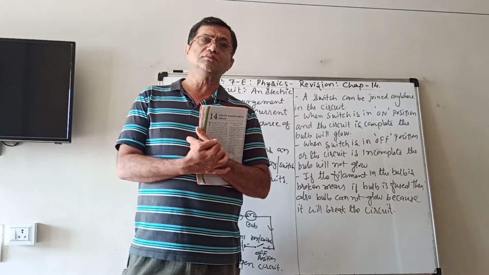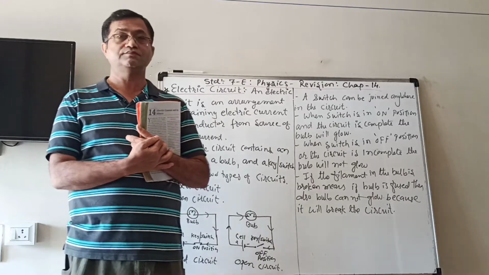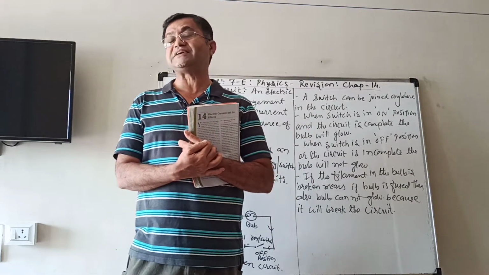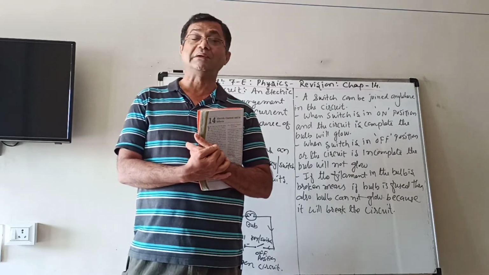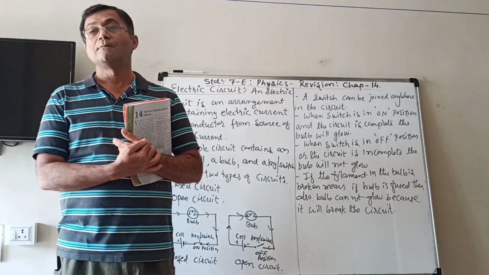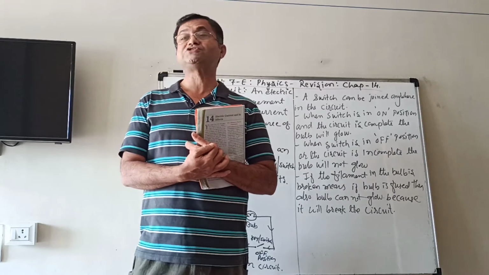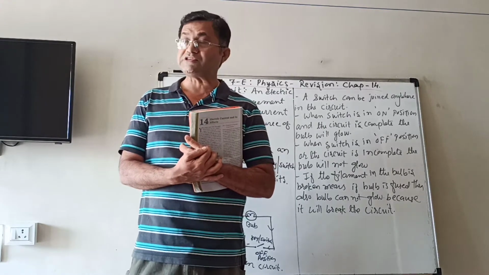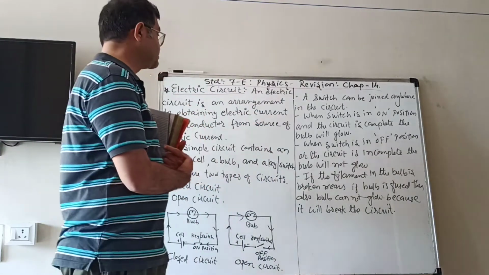Now, how do we get electric current? Because we have the electric cell, bulb, but now we want to get that electric current so that the bulb can glow. For that we should have a complete arrangement to get that electric current.